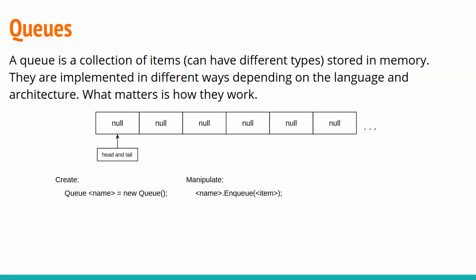So to manipulate the queue, to add to the queue, we'll use this command .enq. That will add something to the queue. It puts it in the queue, enq, okay? So the name of our queue is queue, queue.enq, and then the item that you are adding to the queue. So for example, we can add dog to the queue, and that's what it'll do.